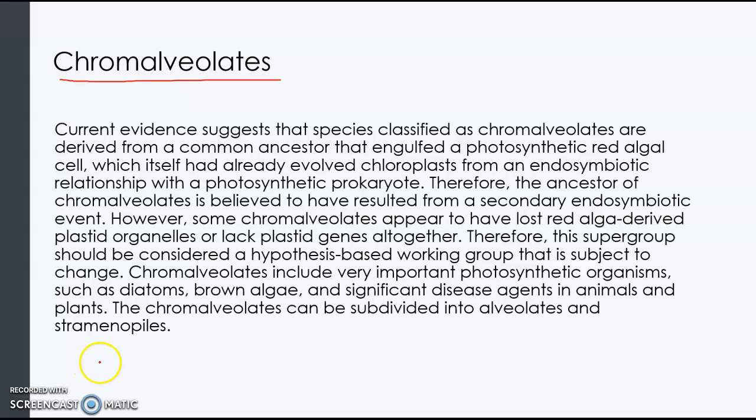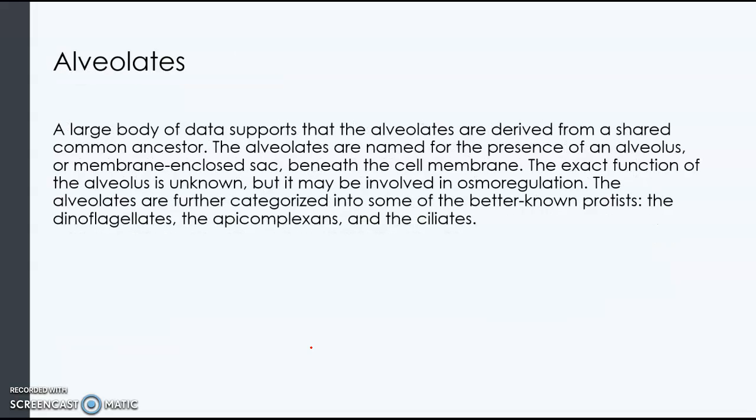So that's down here at the bottom. Now, some of the chromalveolates are going to be unicellular, some are going to be multicellular. There are some types of algae in the chromalveolates. So let's look at the alveolates first.